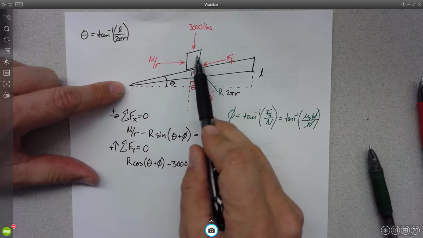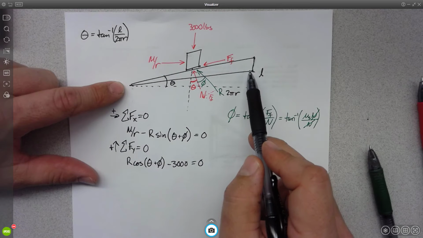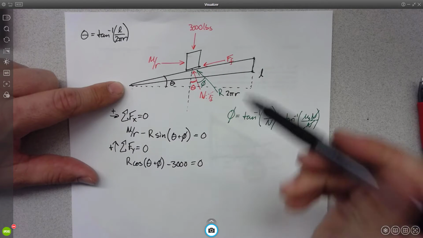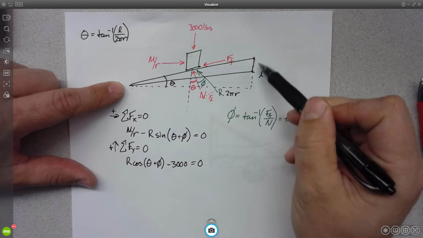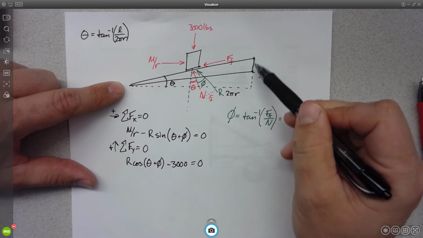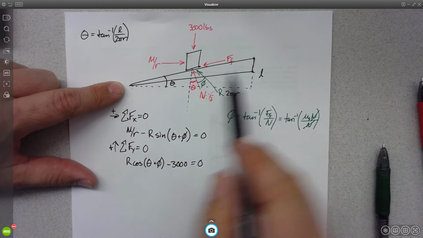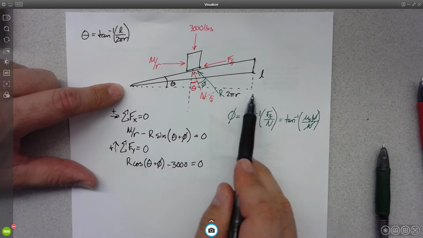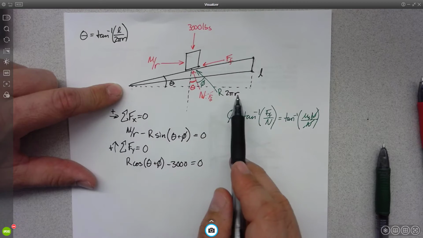One is that a screw is simply a wedge wrapped around a cylinder. So if you can figure out how much you move up or down in one rotation, that tells you the height of your wedge. If you know the diameter of your screw, that tells you essentially the length of your wedge.